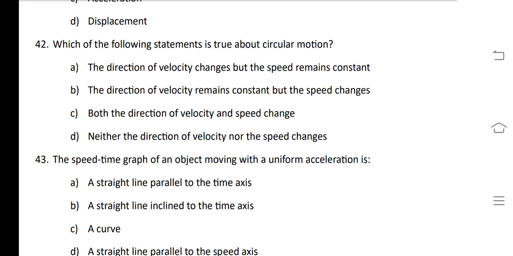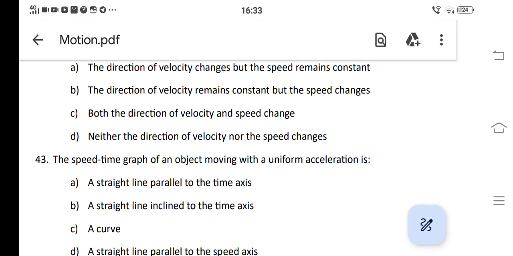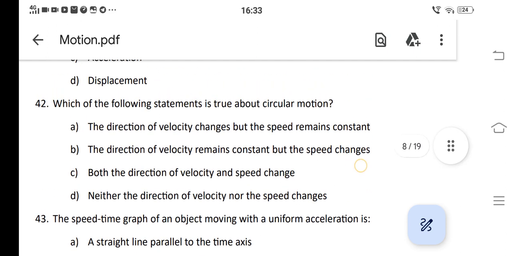That option number is option number A is correct, in which it is said the direction of velocity changes, but the speed remains the constant.